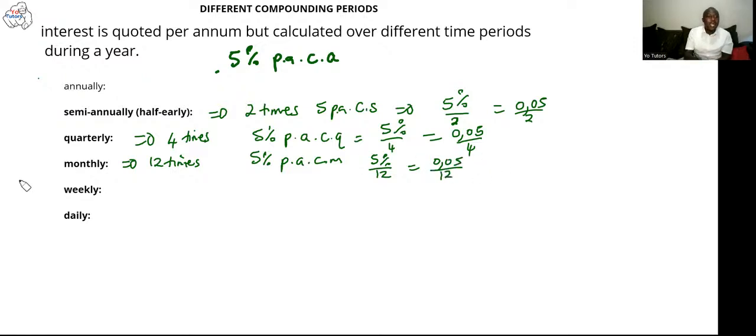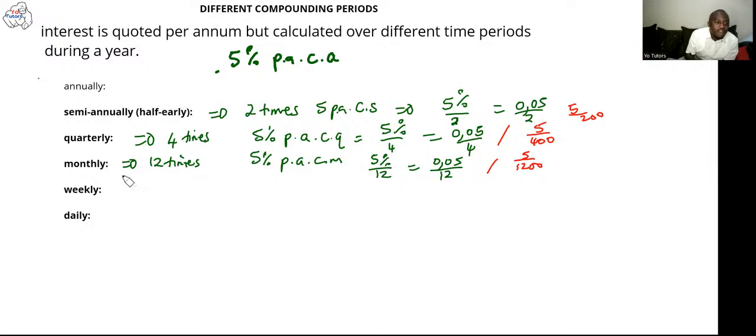And in some cases, you can see a percentage written like 5 over 400, or 5 over 1200, or 5 over 200. That's what it means when you have something like that. It's still the same thing. You can put it in whichever way.